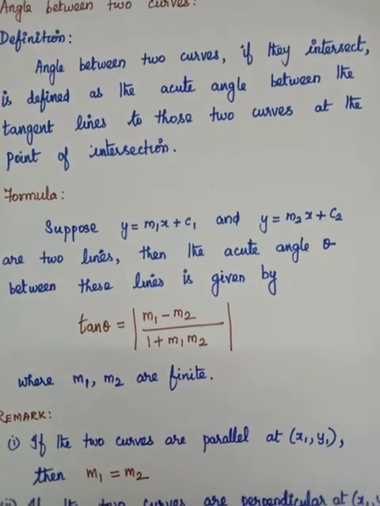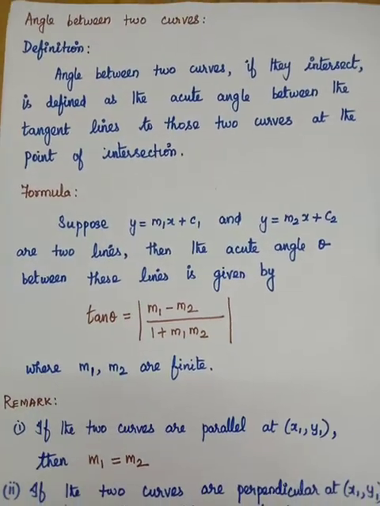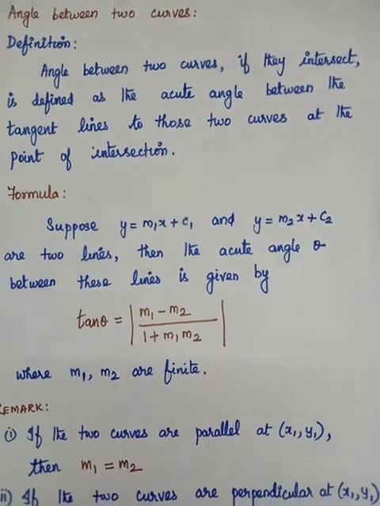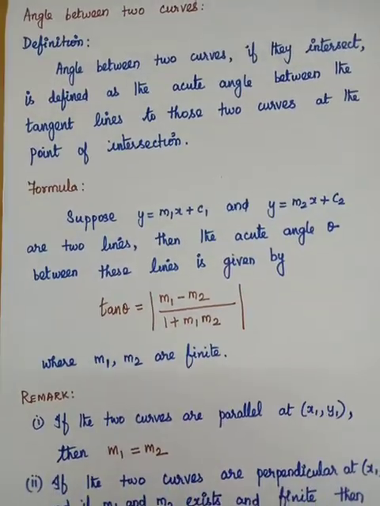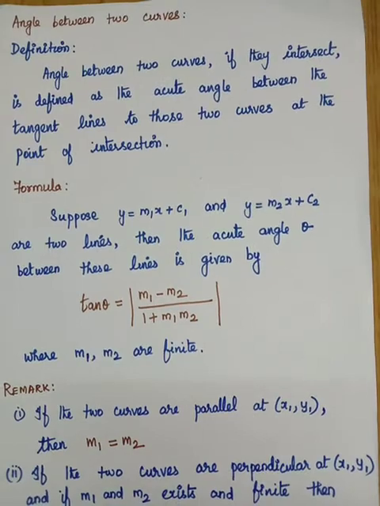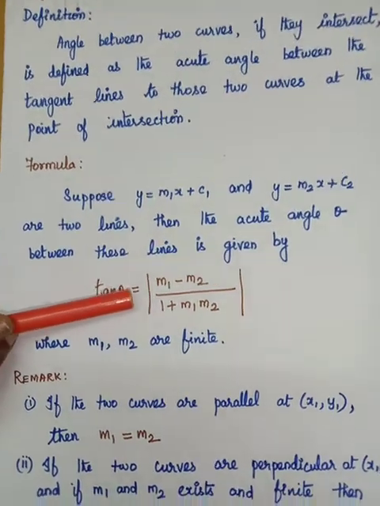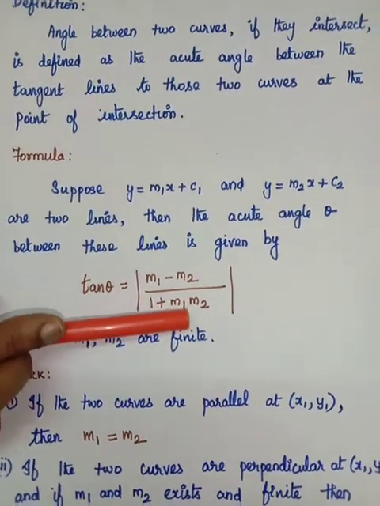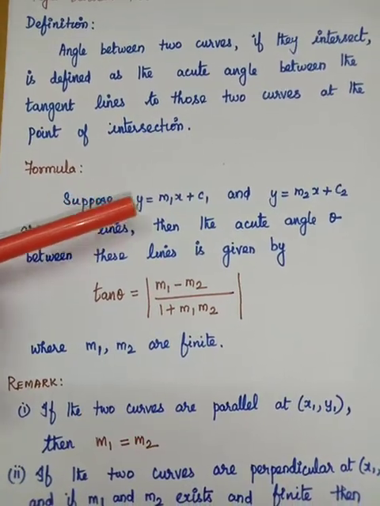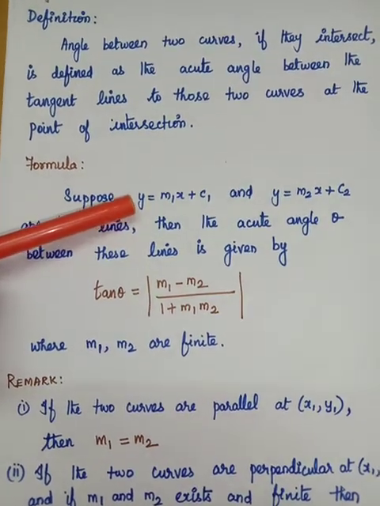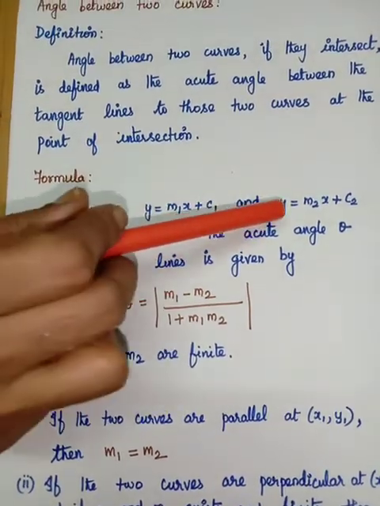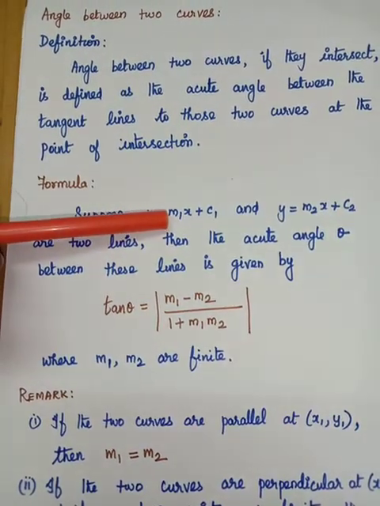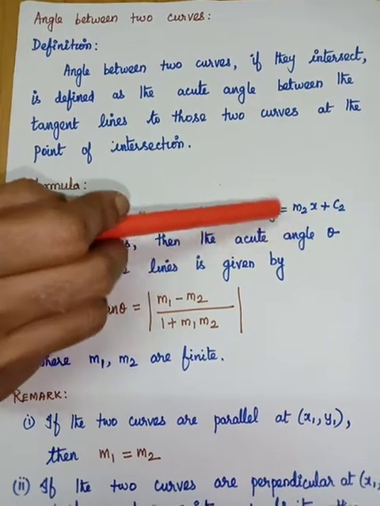So if you want to find the angle between two curves, first you have to find the point of intersection, then you have to find the slope of the first curve as well as the slope of the second curve, and you have to use the formula tan theta is equal to modulus of m1 minus m2 divided by 1 plus m1 m2, because tangent lines are nothing but straight lines. So it can be in the form of y is equal to m1x plus c1 and y is equal to m2x plus c2. So m1 is the slope of the first line and m2 is the slope of the second line.